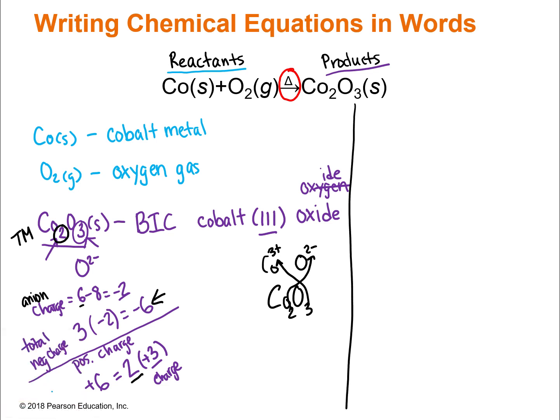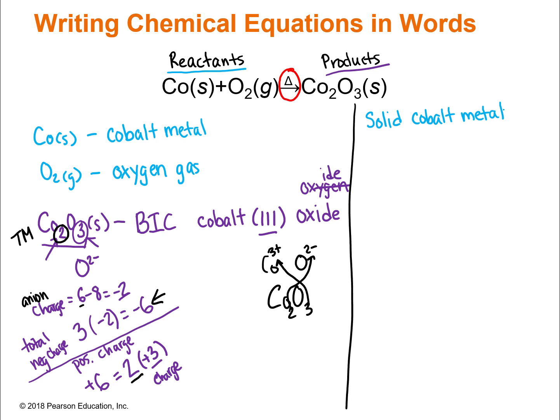So far, all we did was name everything. The goal is to write a description of this chemical equation in words. You always want to indicate the state of matter along with each compound. For the reactants, we have solid cobalt metal.